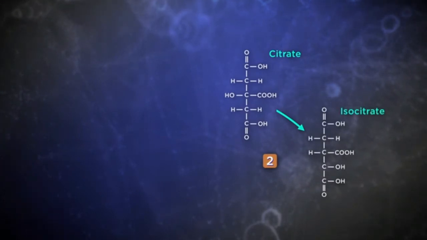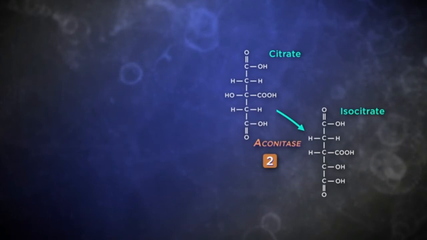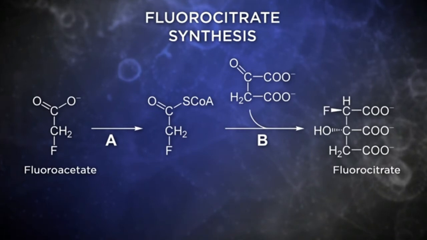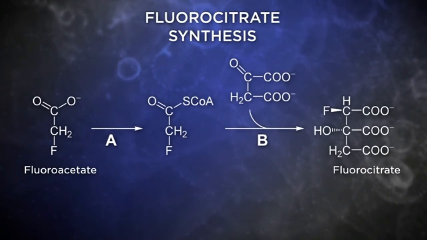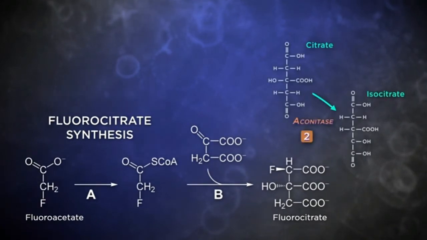The enzyme catalyzing the reaction, called aconitase, is the site of action of a poisonous compound known as fluoroacetate. Cells readily convert fluoroacetate into fluorocitrate, and that's a big problem because fluorocitrate is a potent inhibitor of the aconitase enzyme. Inhibiting this enzyme blocks the entire citric acid cycle.